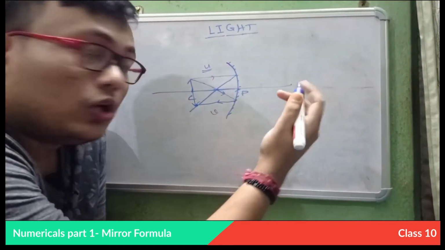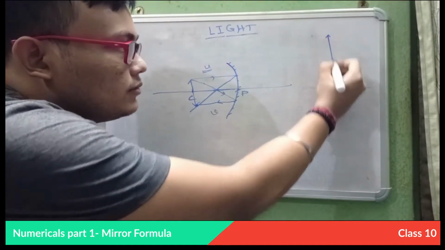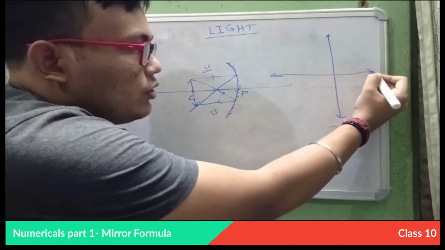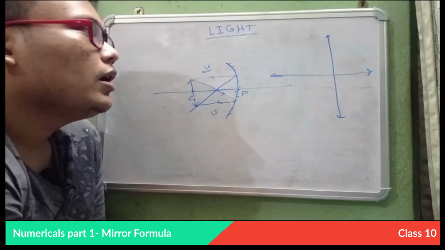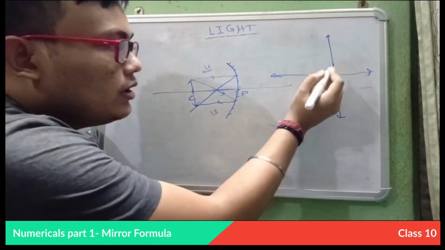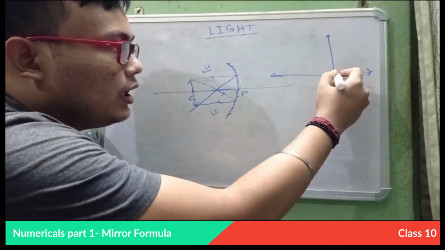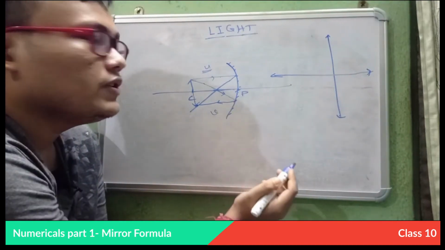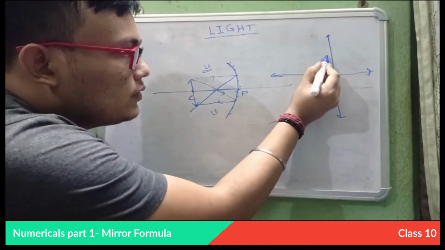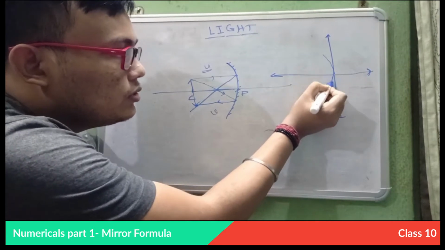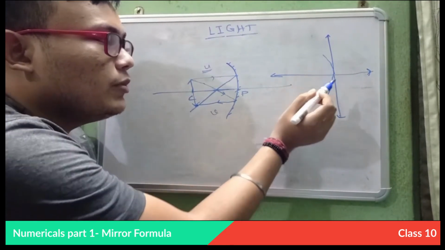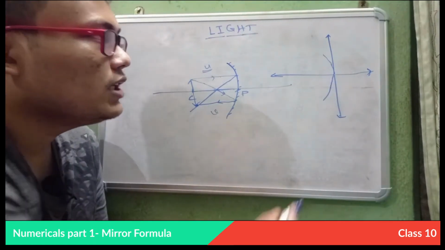Now if we consider the Cartesian system, the simple trick to be kept in mind is that we have to consider that the mirror is placed at the origin. I mean to say that the pole coincides with the origin. Okay, so I have drawn an imaginary mirror where the pole of the mirror coincides with the origin.